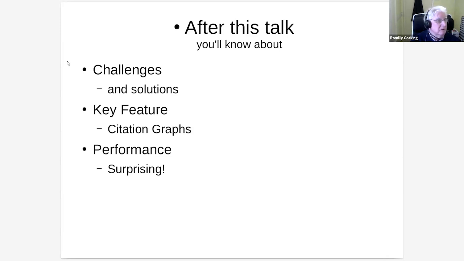What's surprising in a good way is that once you've got the data into the database and the database is properly indexed, it's amazingly fast to do searches on the data. If all you want to do is bring up the key feature of a particular paper, you're talking about milliseconds.